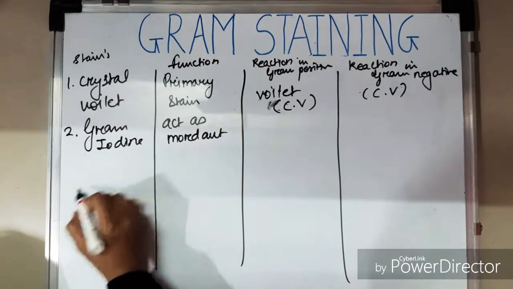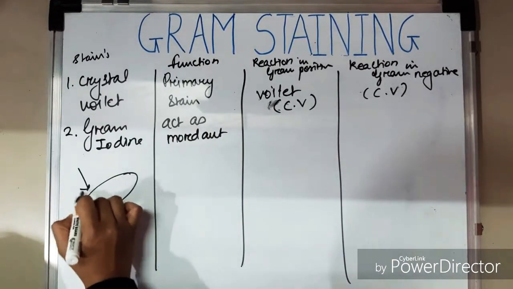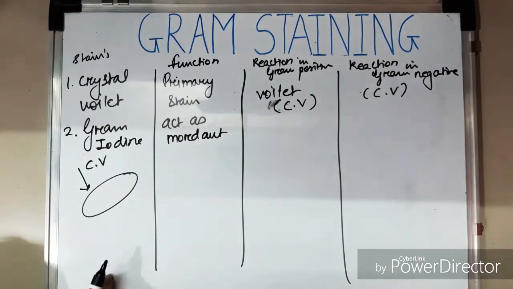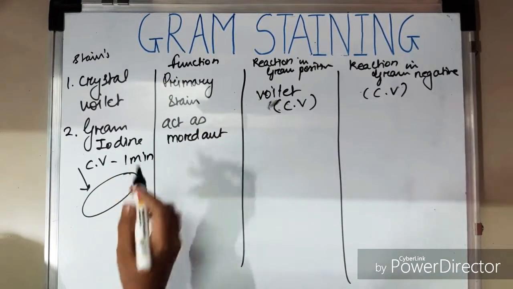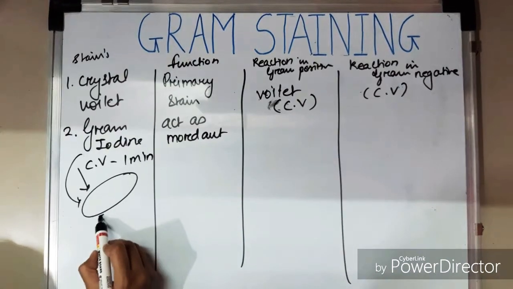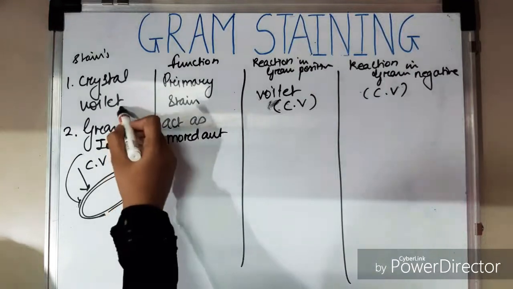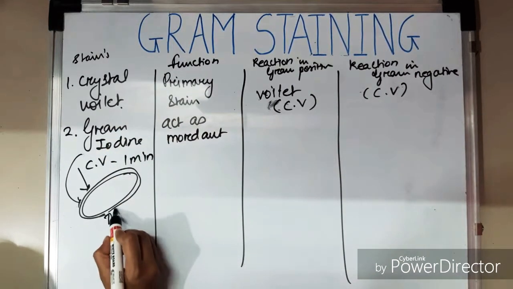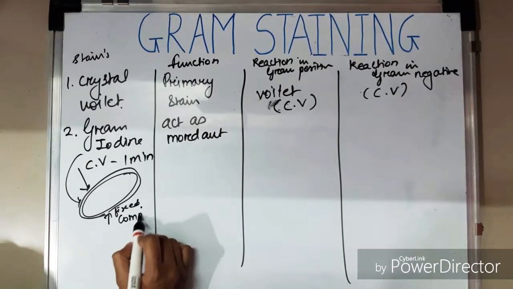Here I'll suppose this is a bacteria, we added crystal violet. Okay, we allow it to fix for a few minutes or so, and after that we added gram's iodine. So in the cell wall of the bacteria, this crystal violet will be fixed depending on the composition of the cell wall.